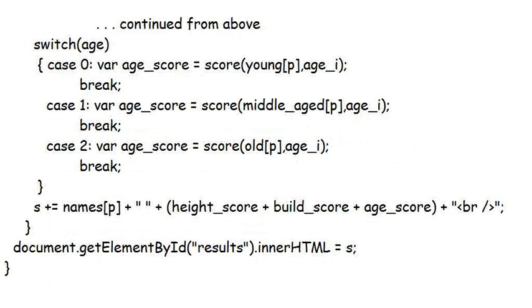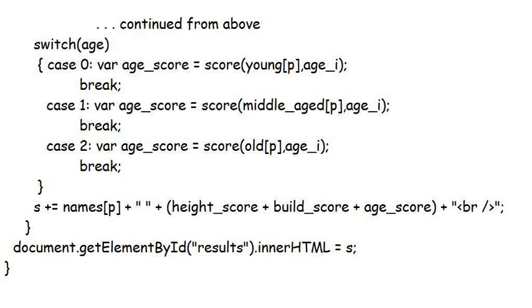As you can see, it has exactly the same structure as the previous two, but deals with ages rather than heights or builds. Having obtained these three adjusted scores, the final score for that person is found simply by adding them together. Then the name is added to the string together with the final score, and once every appropriately gendered person has been calculated, the list is displayed on the screen.